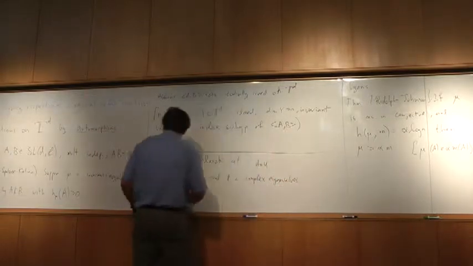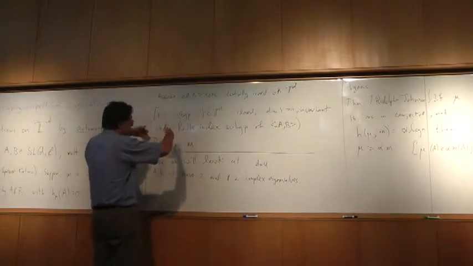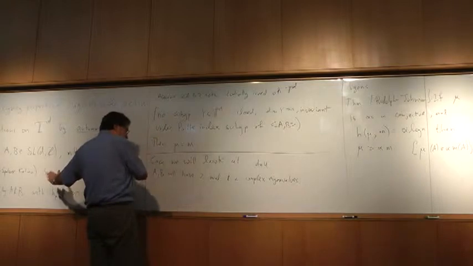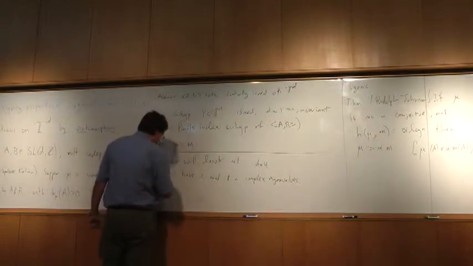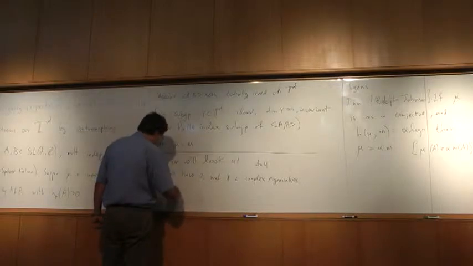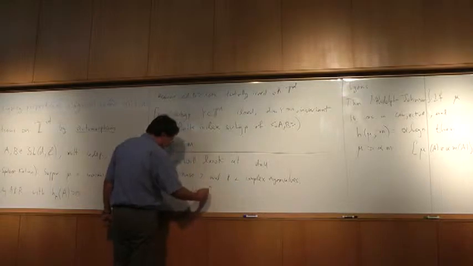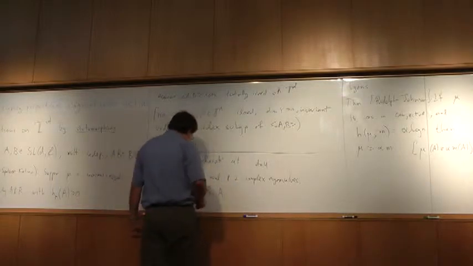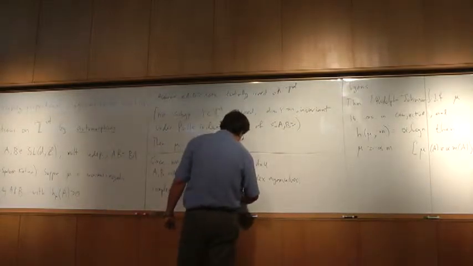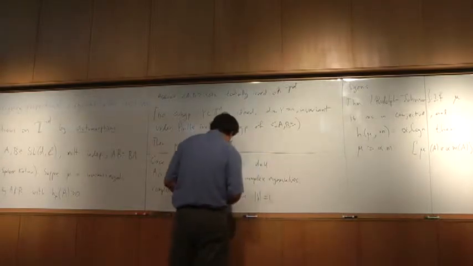And moreover, they would be totally reducible, etc., everything that's there. And I want that the complex eigenvalues for A have absolute value 1.